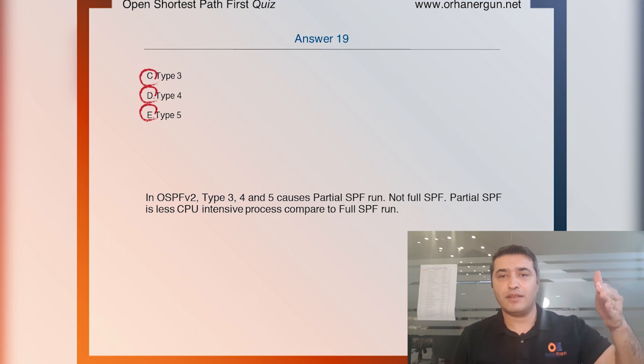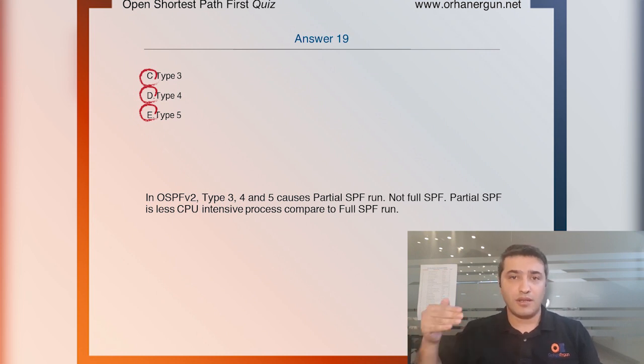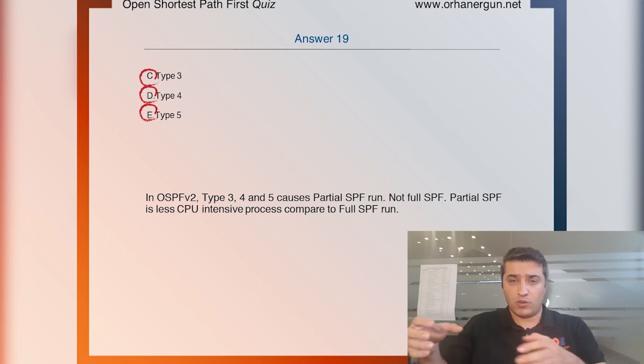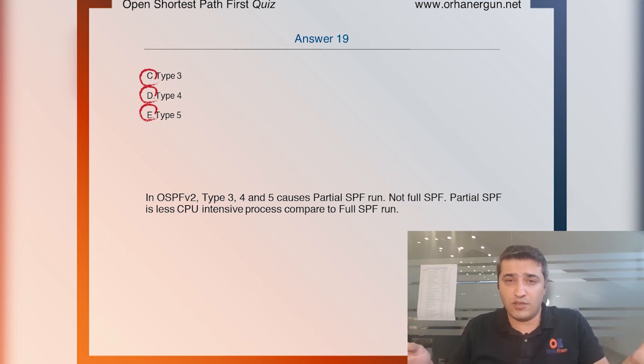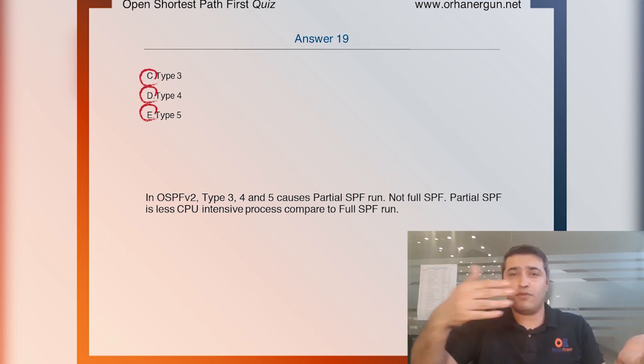If something fails in area 0, area 10 routers will not have to run full SPF. They will just run partial SPF, which is much less CPU intensive. That was one of the reasons we have multi-area OSPF design, right? Because area 10 routers don't have the topology information of area 0 anyway. They cannot run full SPF.